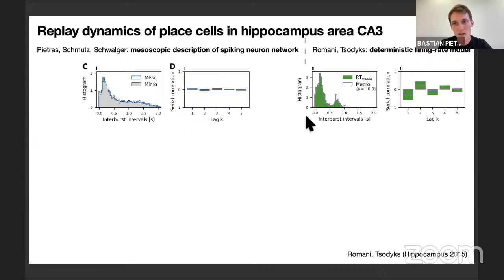Whereas in Romani and Tsodyks' deterministic model, you have a bimodal distribution of these interburst intervals and also strong serial correlations.